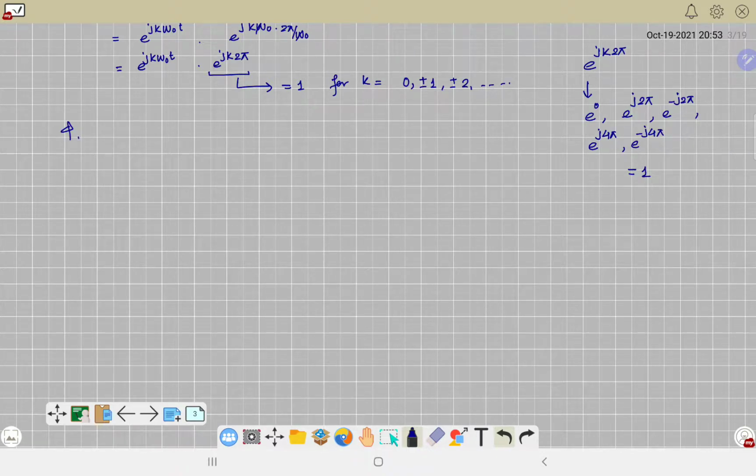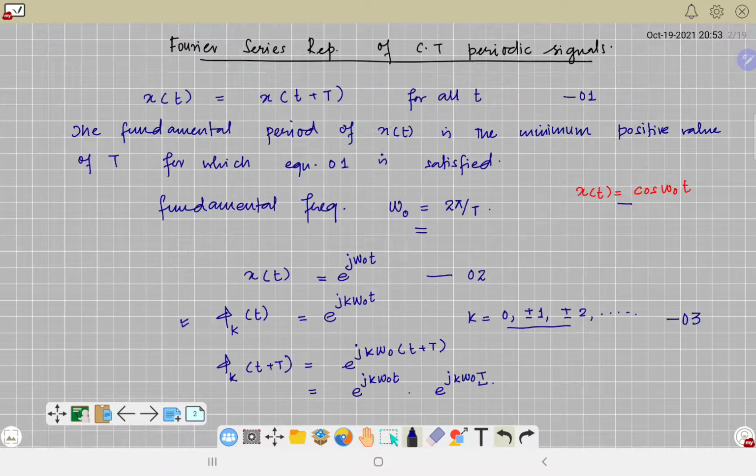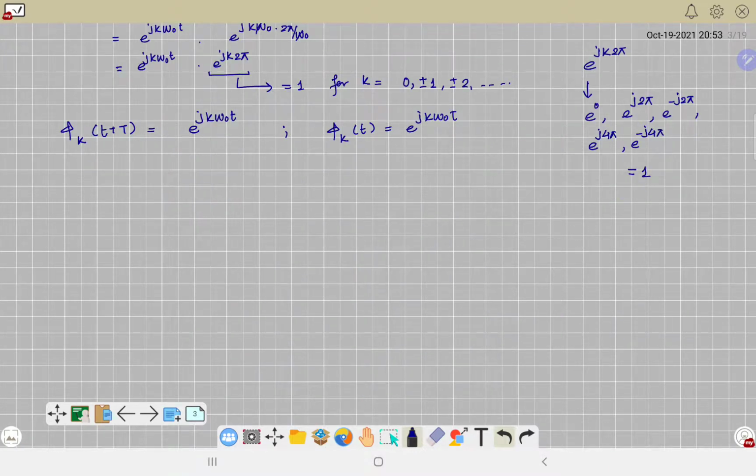So it turns out that my phi k of t plus T is equivalent to e raised to the power j k omega naught t. And what I had defined as phi k of t is also equivalent to e raised to the power j k omega naught t. Here j k omega naught t, this is also equivalent to this.